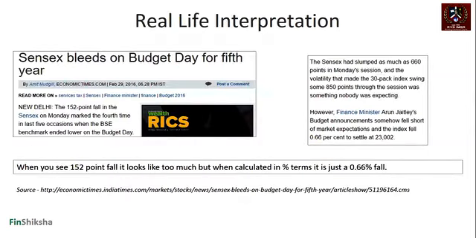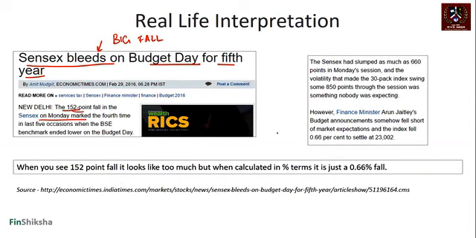Let's look at a real life interpretation. Why is this important? We look at this headline in a newspaper which says Sensex bleeds on budget day for fifth year. Now, when you say bleeds, it gives you an impression that there must have been a big fall, right? Now you read 152-point fall in the Sensex on Monday, right?